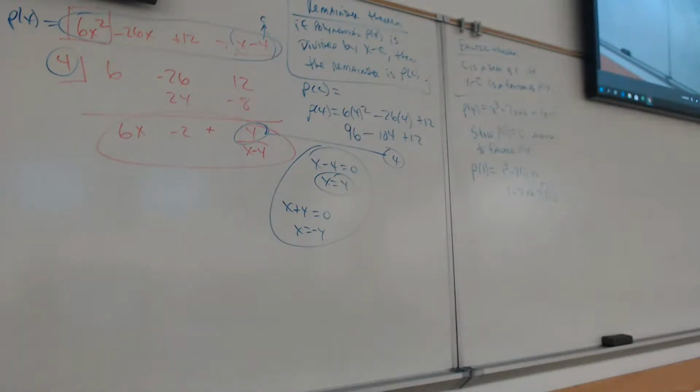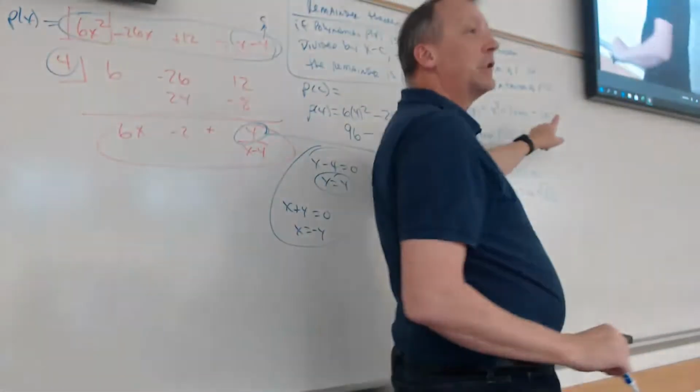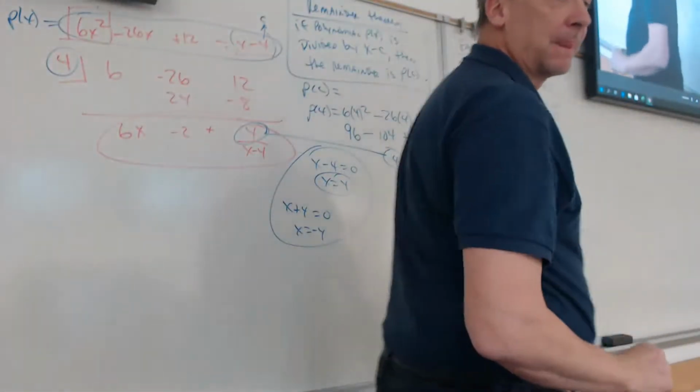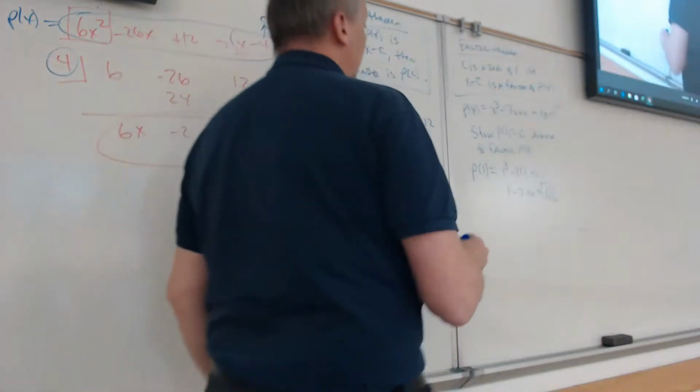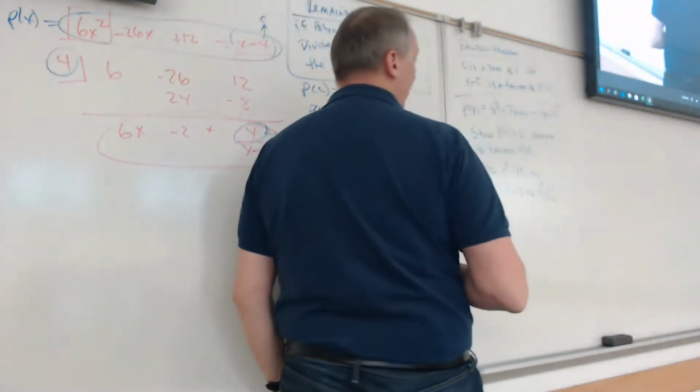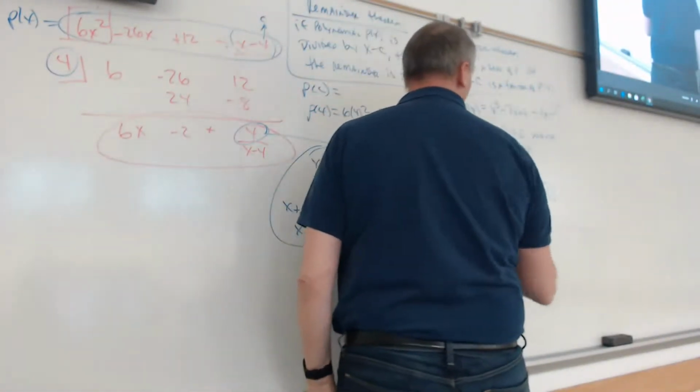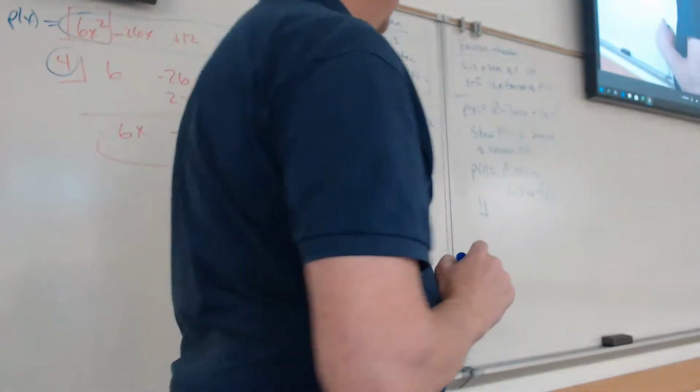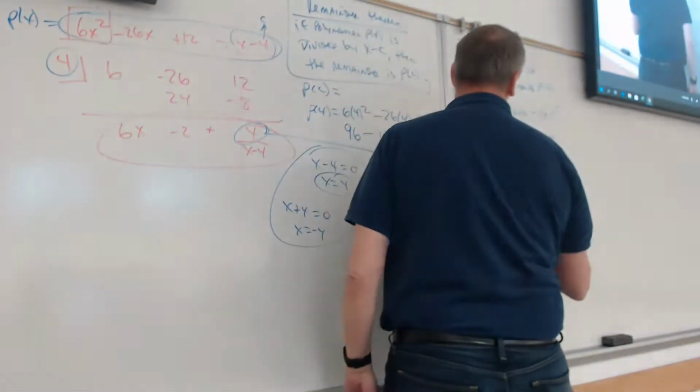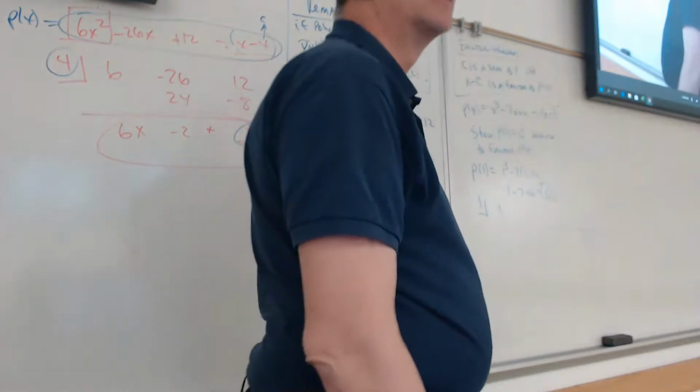So, Nathan, would you like to do synthetic division or long division? Synthetic division. So what am I going to put in my box? 1. What are my coefficients? 1, negative 7. Oh, you said negative 7.